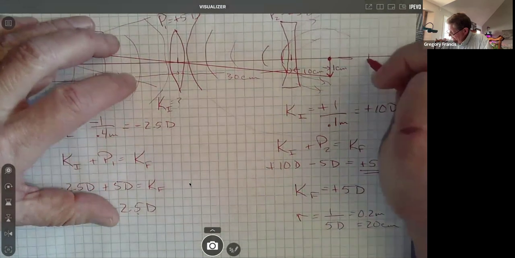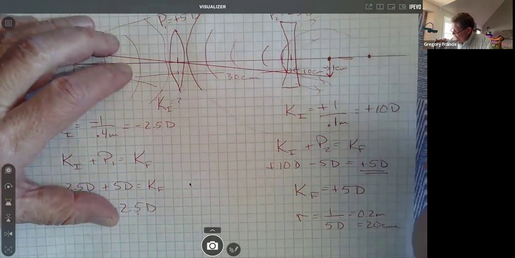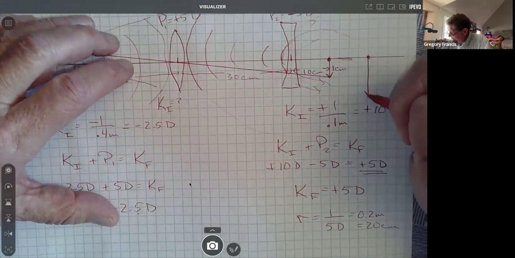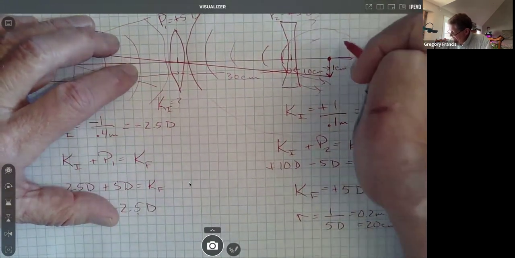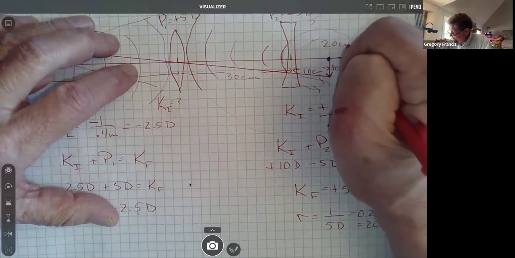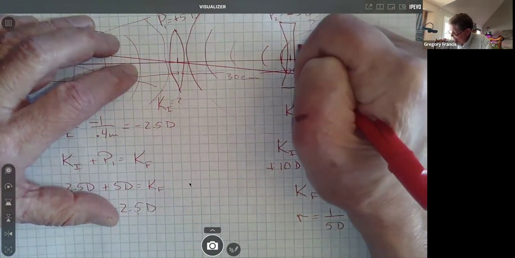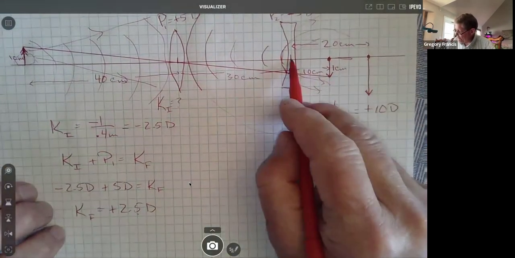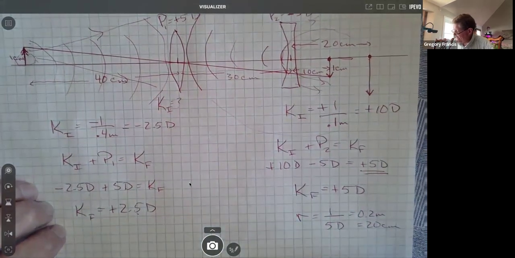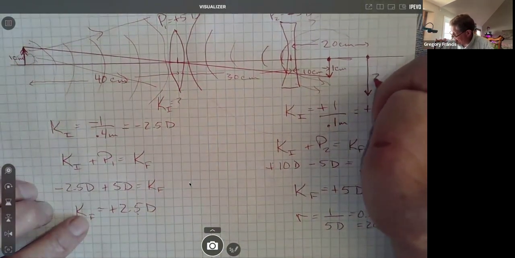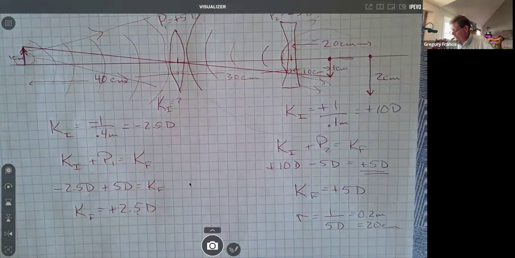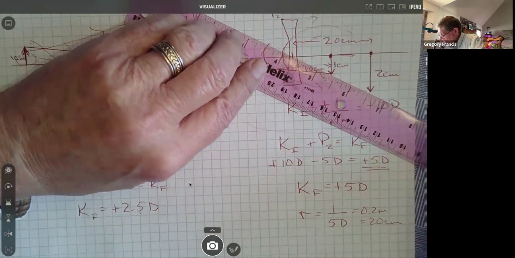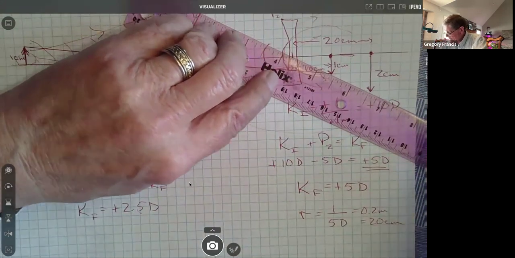Okay, so that is going to form an image here, 20 centimeters to the right of the second lens. And because it's twice as far away from this lens, it would be twice as big, 2 centimeters. And I can show that with a ray that goes through the center of this lens.